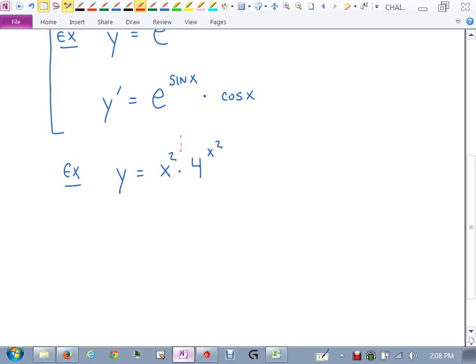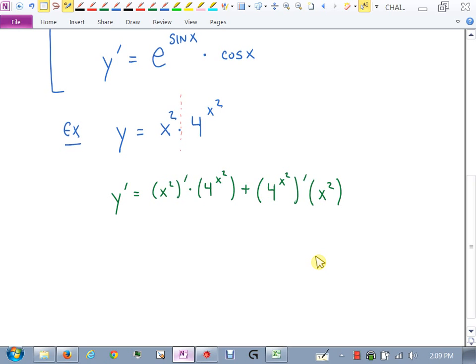Y'all see the product rule right here? So the derivative of a product will be the derivative of the first one. I'm going to go slow on this first one. Times the second one. Plus the derivative of the second one times the first one. So that's our product rule.